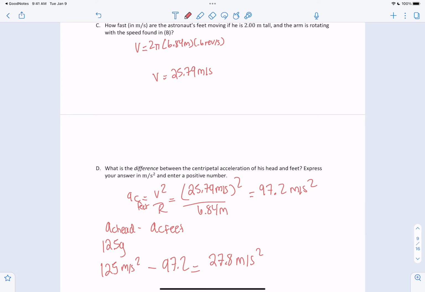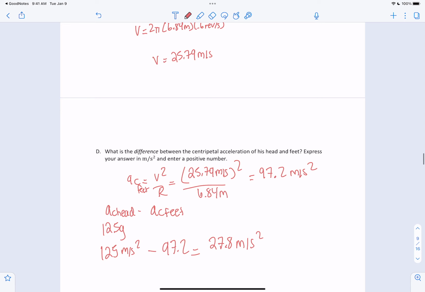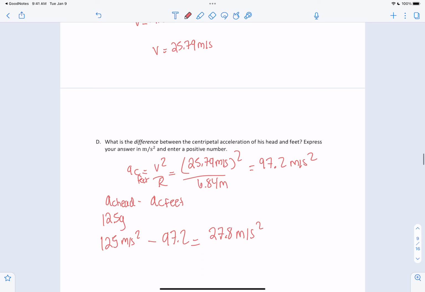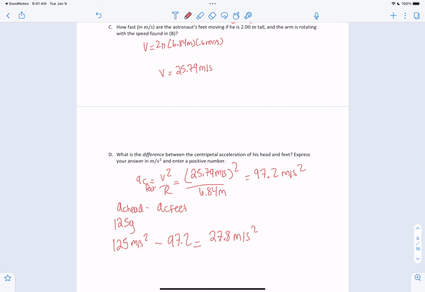Then we're just looking for the centripetal acceleration for his feet, and we can figure that out because AC is equal to v squared over r. V is our linear speed that we figured out from part C, and our radius of curvature was from the arm pivot to his feet only. That's what we were concerned with. Then you just subtract to get the difference between them. That is all.